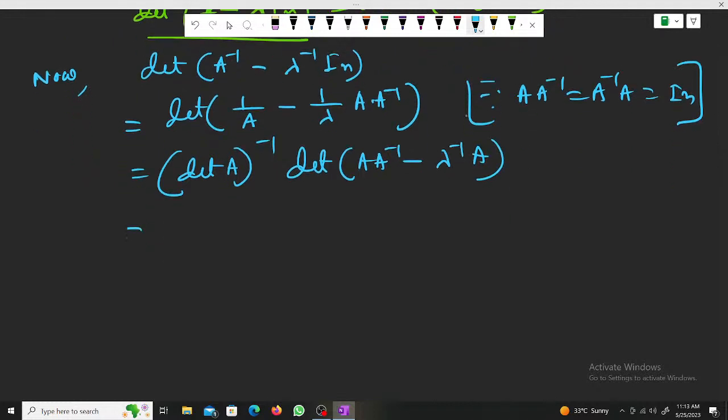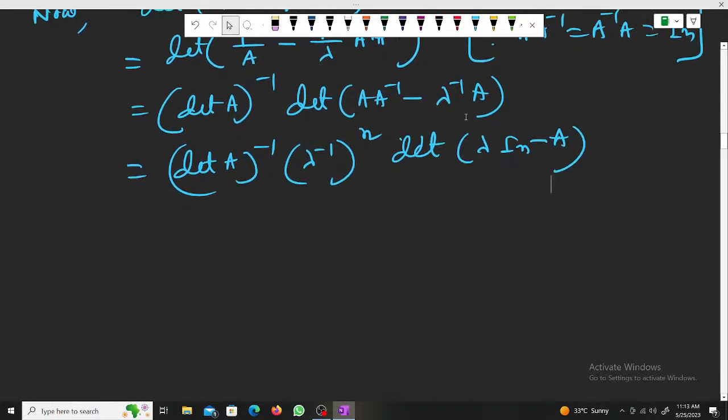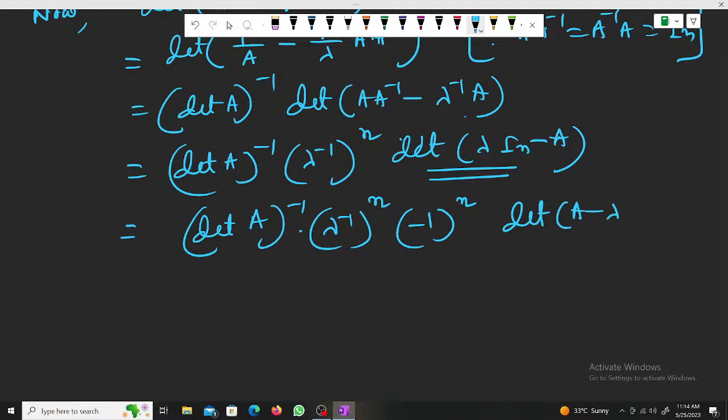Okay, now we write det of A to the power inverse lambda is lambda to the inverse n into det of lambda I n minus A. This is equals to det of A inverse into lambda inverse to the power n, minus 1 to the power n into det of A minus lambda I n, where I took the minus common from here.